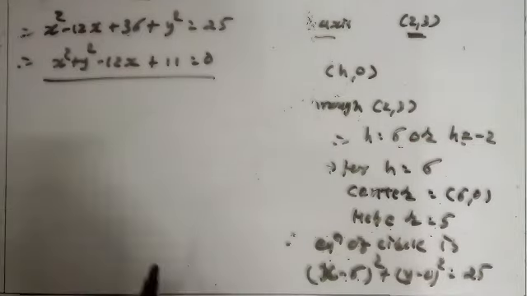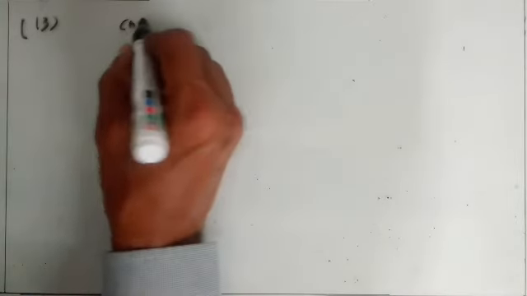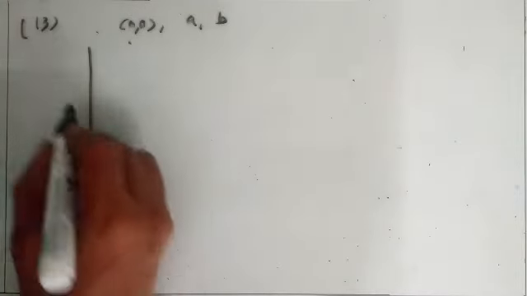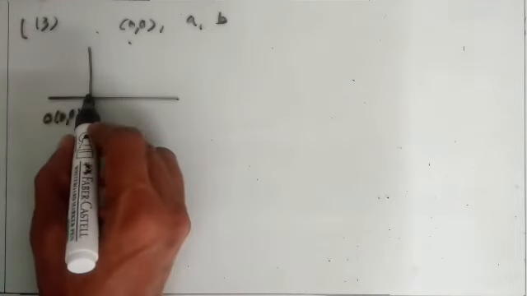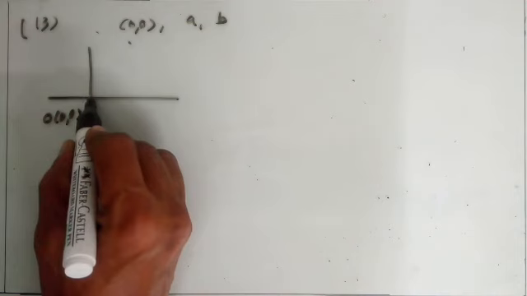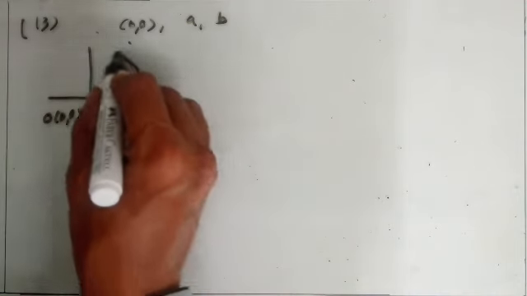Okay, now question number 13. Find the equation of the circle passing through the origin (0, 0) and making intercepts a and b on the coordinate axes. Here the circle passes through the origin and has intercepts on the axes a and b.